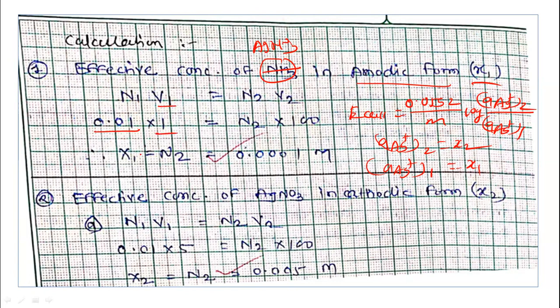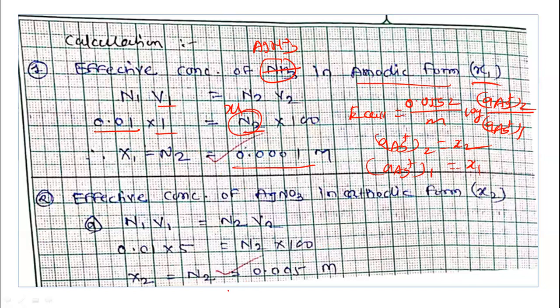Then N2 is what we want to find out, that is X1, into 100, the total volume. So X1 is equal to 0.001 molar. In this way we can determine the X1 value.